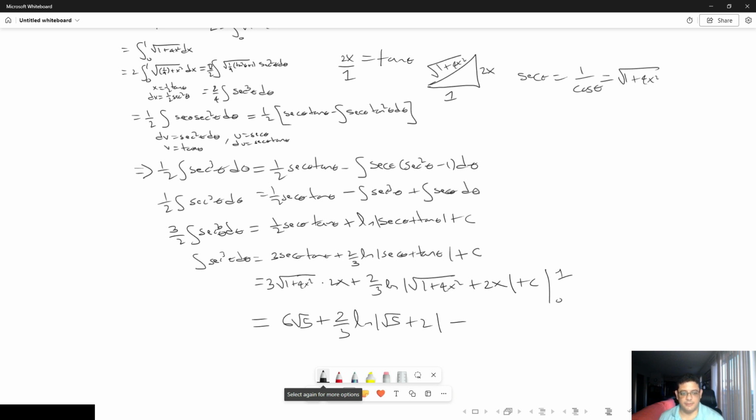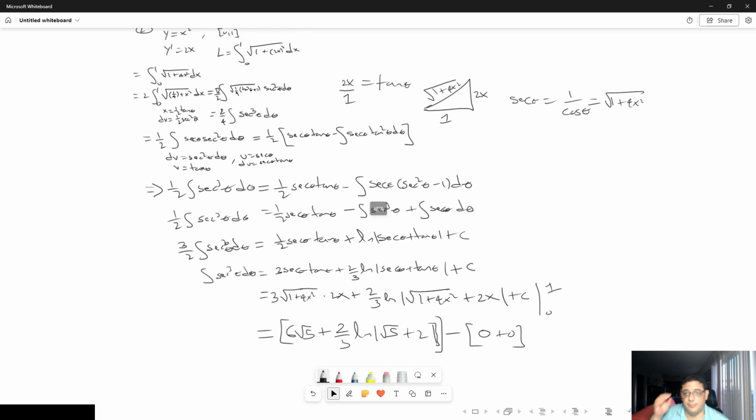And then now minus, we plug in 0 here, and this first part is 0, and this one here also becomes a 0, and this becomes a log of 1, so this is a 0 too as well. And c minus c cancels. So this is going to be my final result, and that's going to be the measure of the arc length.